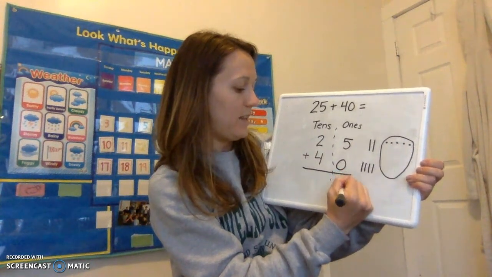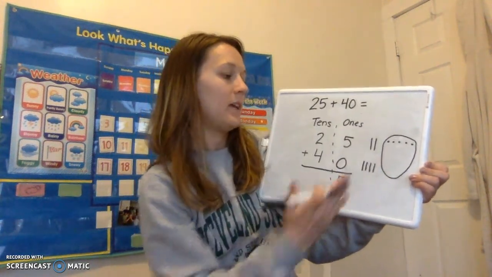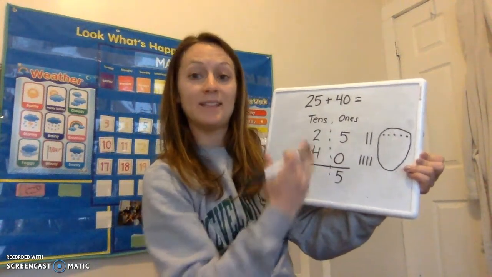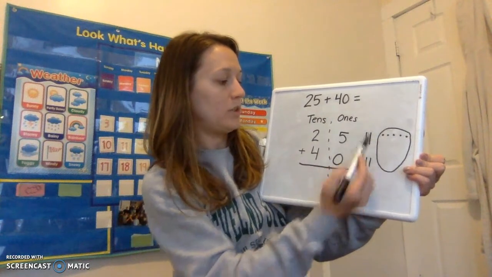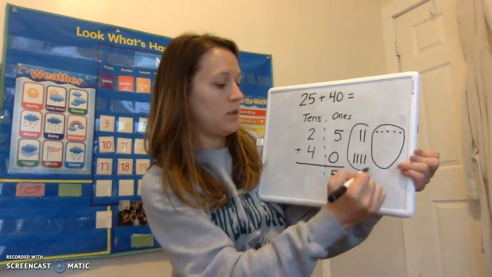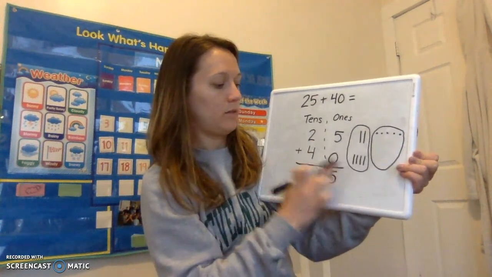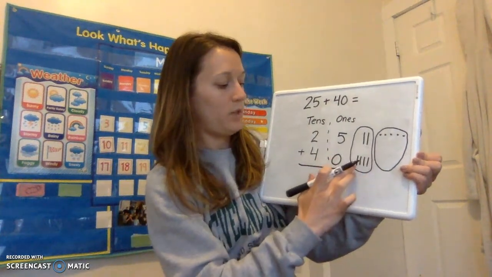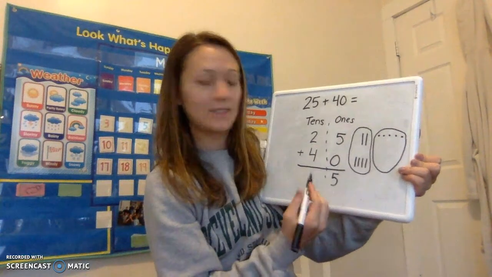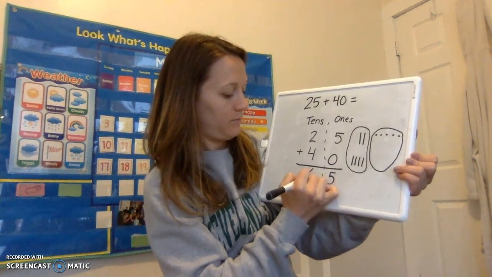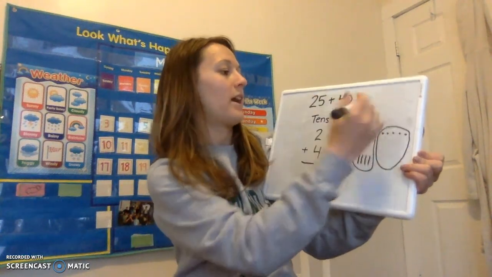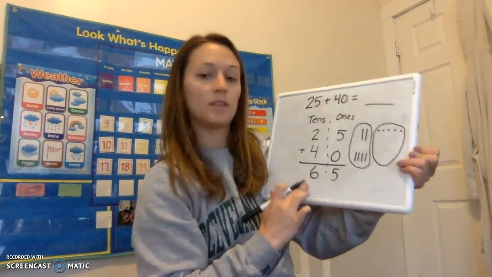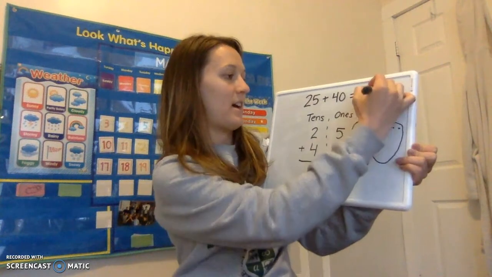I didn't add anything to it. Now that we solved our ones side, we're going to our tens. So we can do 2 plus 4. What is 2 plus 4? 1, 2, 3, 4, 5, 6. So that way I know 25 plus 40 equals 65.